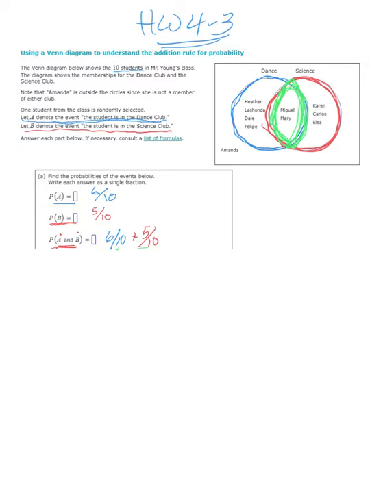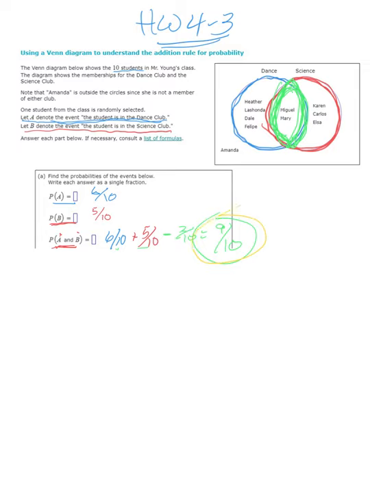So to make amends for that, I have to subtract out the intersection. This is where those 2 groups intersect. I'm going to subtract out those 2 of 10 right there, and that leaves me with my total probability of being in one of those 2 clubs, which ends up being 9 out of 10 as my final answer.